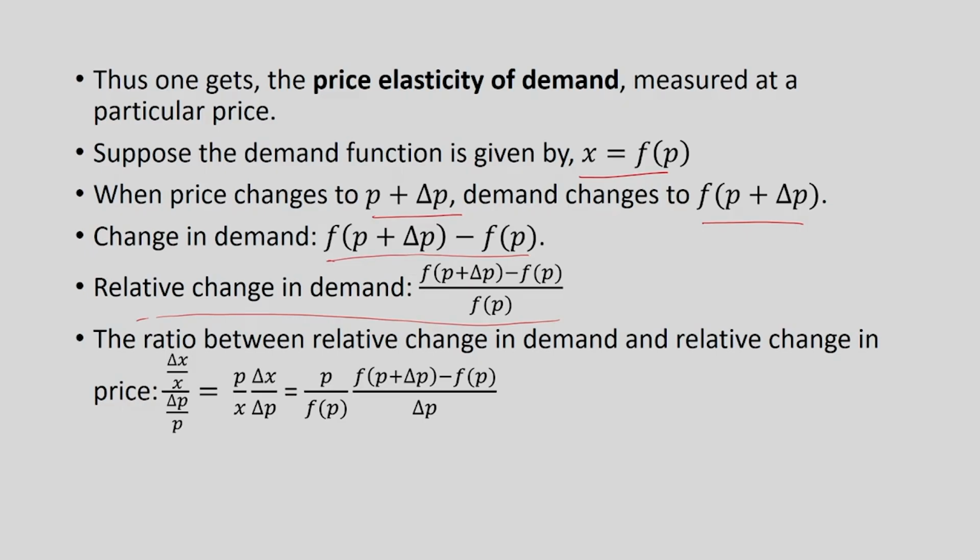The ratio between the relative change of demand and relative change in price is given by this, (Δx/x) divided by (Δp/p), and this turns out to be this, p/x multiplied by Δx/Δp. And now I am going to just use this thing here, x = f(p), and what is change in demand? Change in demand is this.